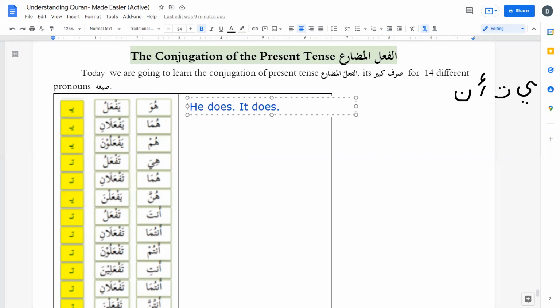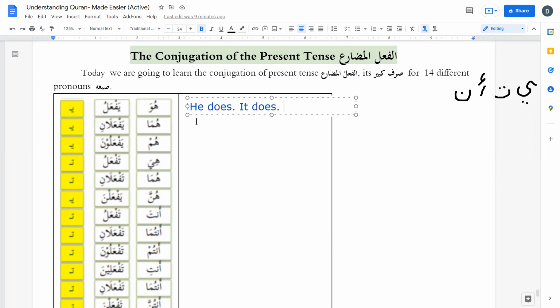Because fi'l mudari also covers the meaning of future, and we understand whether fi'l mudari is there for present tense or the future tense, we usually decide according to the context of the sentence.